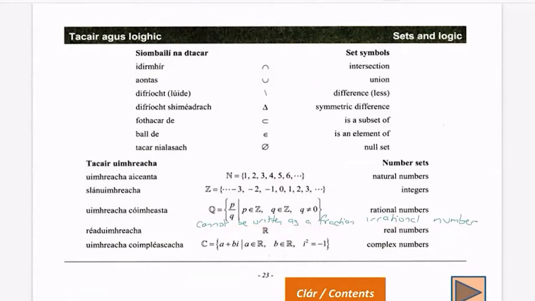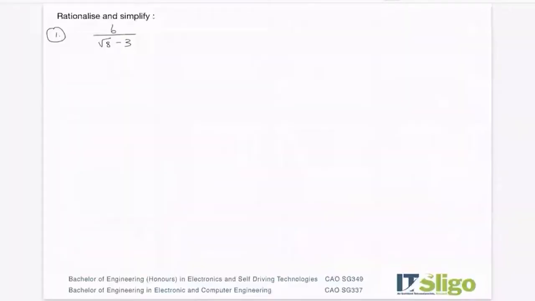So there are a lot of the surds, which is the square root sign, pi is an irrational number, and so on and so forth. So in other words, if you put any of those surds into a calculator and you S to D it, what you'll do is you'll hop between the surd and a decimal, but you'll never get a fraction. There's just too many decimal places and it never resolves down to a fraction. Okay, and then all of these become the real numbers, and then you have complex numbers, which is another branch of maths that sits outside it.